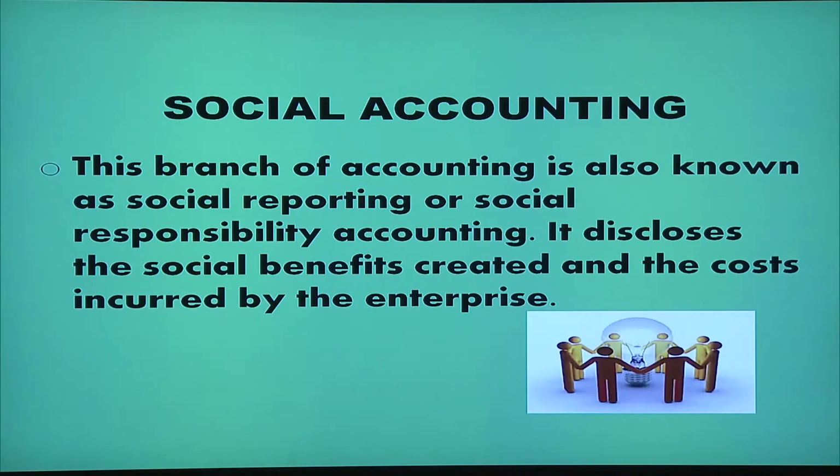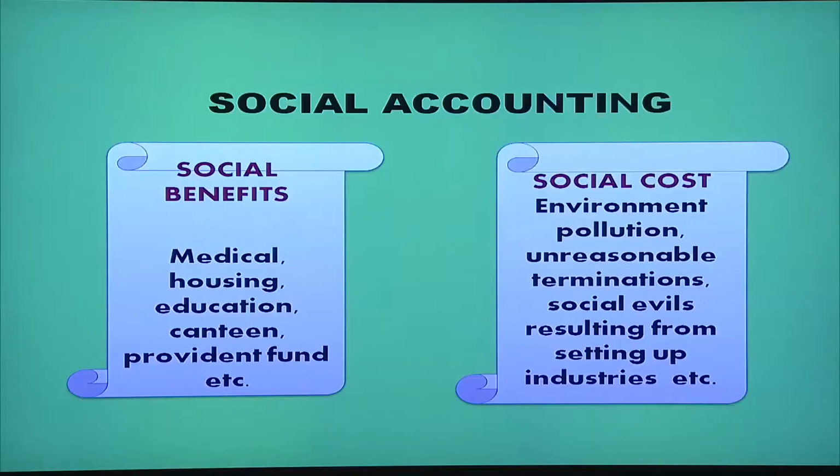It discloses the social benefits created by the enterprise and social costs incurred by the enterprise. In social accounting, social benefits and social costs are ascertained. Social benefits like medical benefits, housing benefits given to the employees, educational benefits, canteen facility, provident fund, etc.